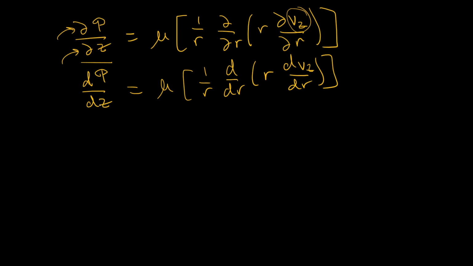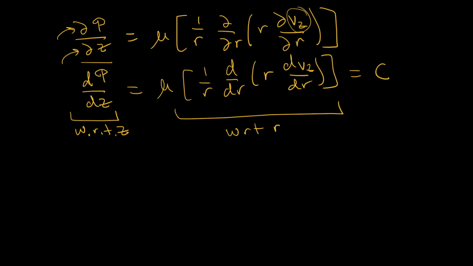The other thing we can notice about this equation is on the left we have a derivative with respect to z, and on the right we have a term that's a derivative with respect to r. And the only way for us to have two derivatives with respect to different variables that are equal to each other is if both of these are equal to some constant. And I'm going to call that constant c0. So this actually simplifies our problem quite a bit because we can tackle this in two different equations.